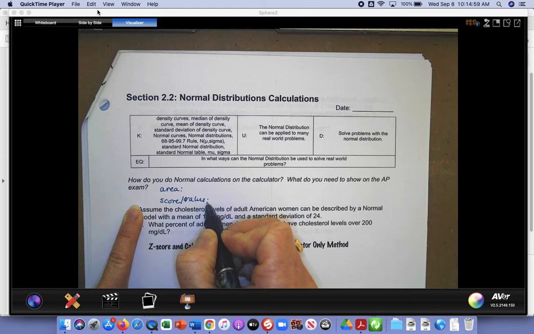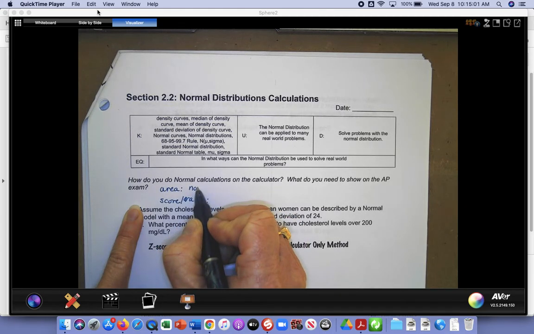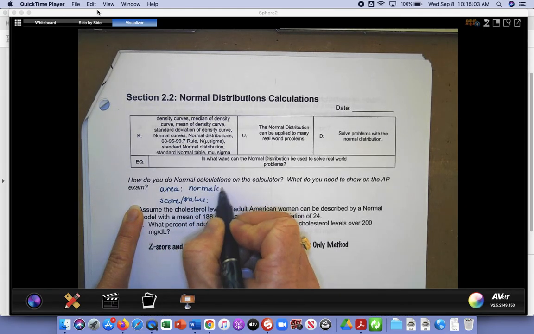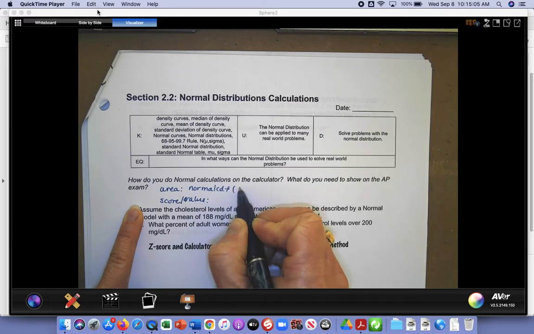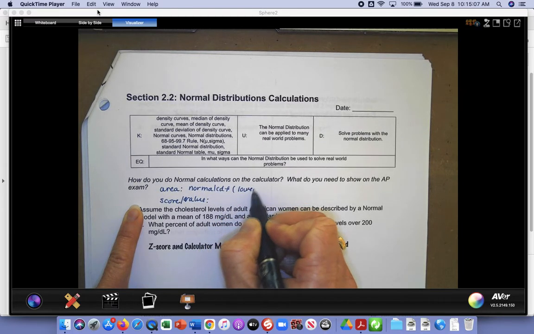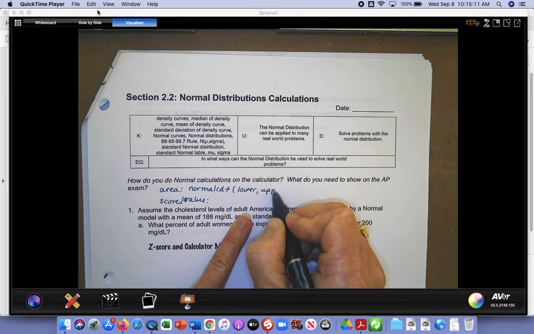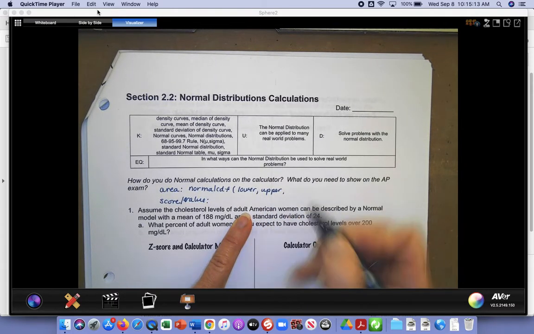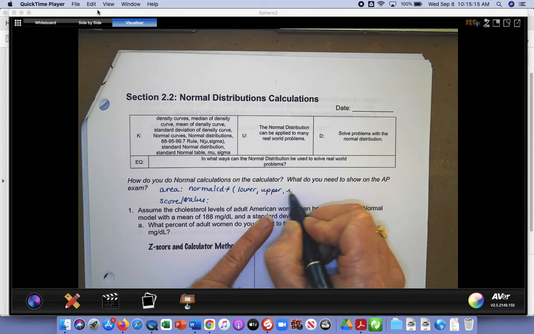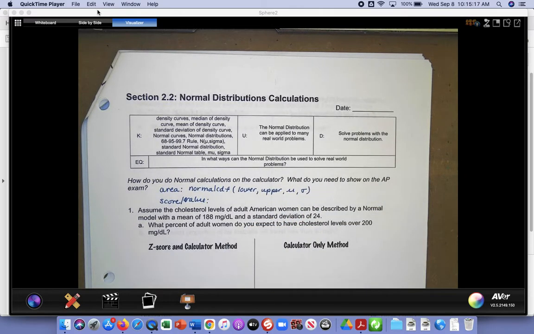There's two calculator commands. If you're trying to find the area, the calculator command is normal CDF. It'll ask you for the lower bound of the area that you have shaded. It'll ask you for the upper bound of the area that you have shaded. It'll ask you for the mean. It'll ask you for the standard deviation.